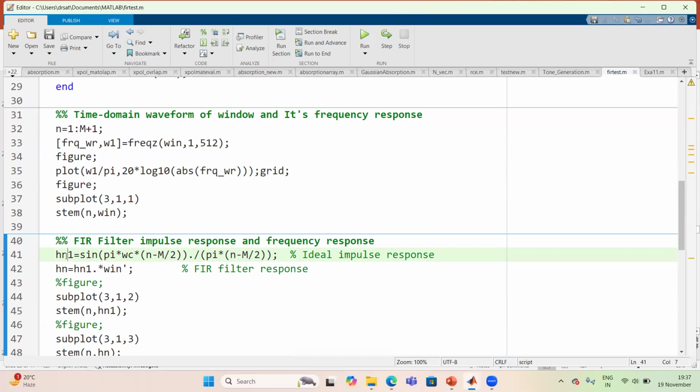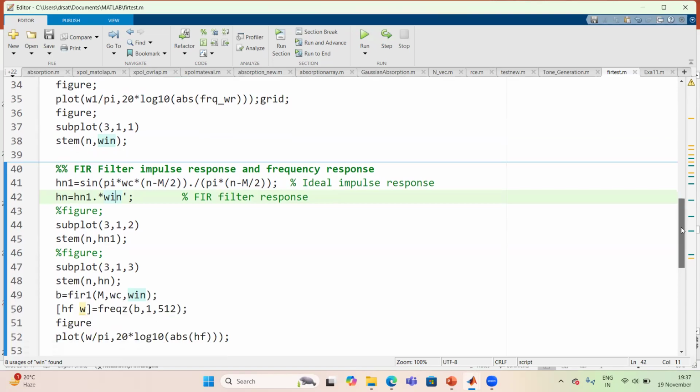This is the ideal impulse response of the linear phase filter that I have already described in the slides. And then this is our desired FIR filter impulse response. What I did is I multiplied this particular impulse response with the generated window, and then I plotted these values again.